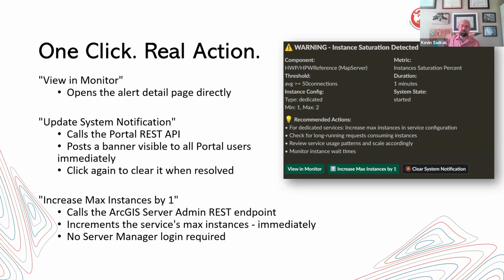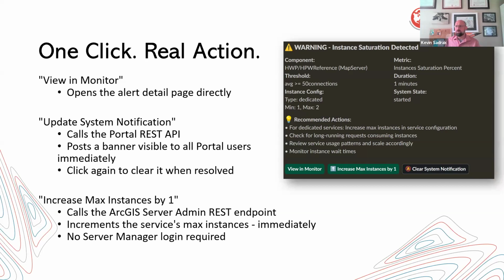And it says, how many? What's my max instance? Cool. Okay, it's 2. We're just going to add 1. So when I send this back over, we're going to send 3. Now, I happen to be in ArcGIS Manager to show you all that it did work, but there's no need to log into Manager. There's no need to do anything else from the admin point of view when you're making these calls. You can just do it with REST. And so that's the big thing here.